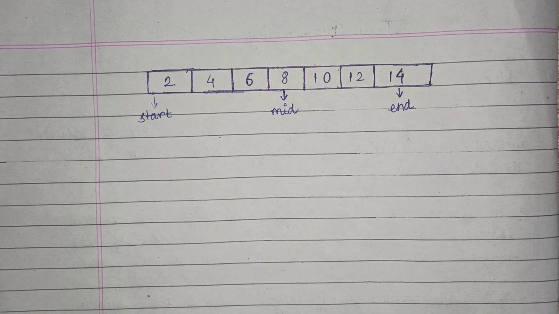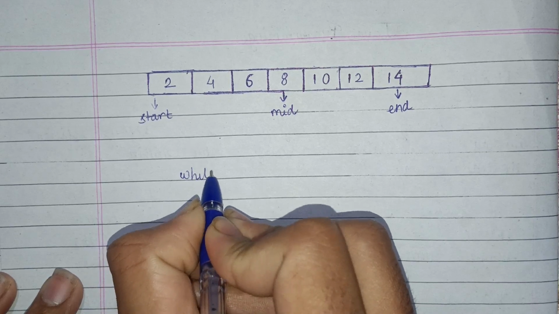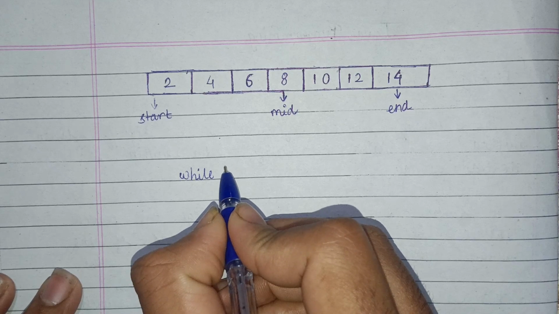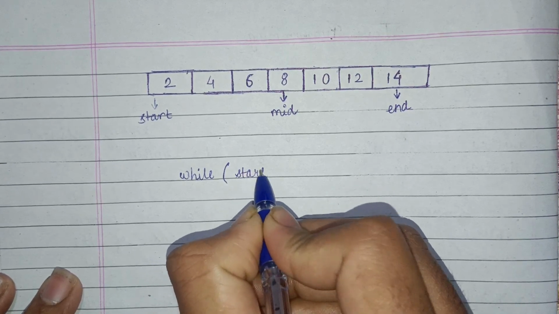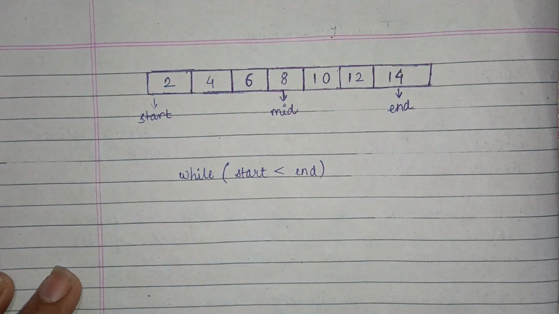So the logic will be: we have to create a loop, and write the condition that start should be less than or equal to end, until the loop ends.